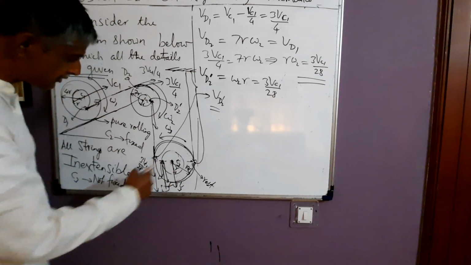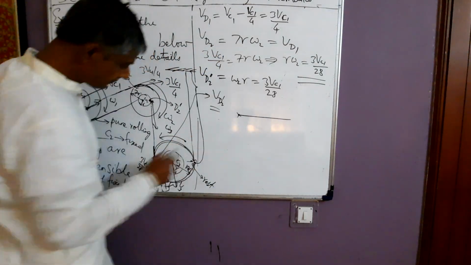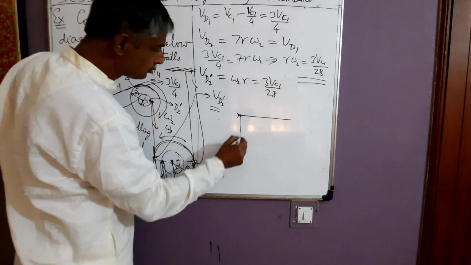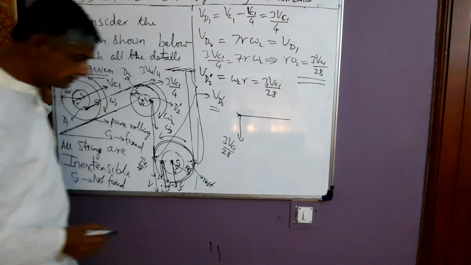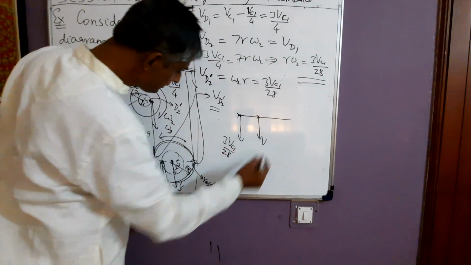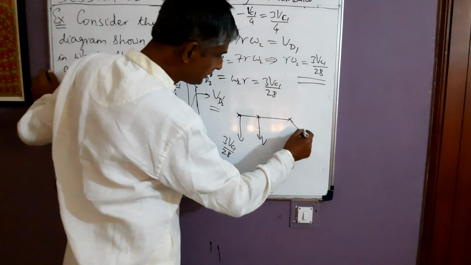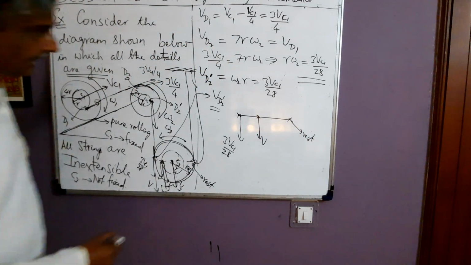I consider these three points here. I draw this line here like this. So this point is moving at Vd2 dash, that is 3Vc1 by 28. This point is moving at a speed V down, and this point is at rest.